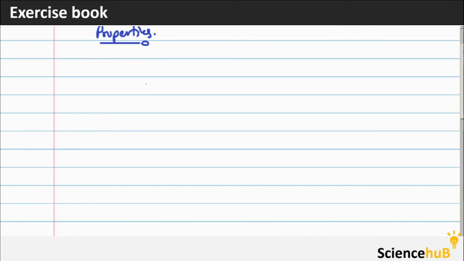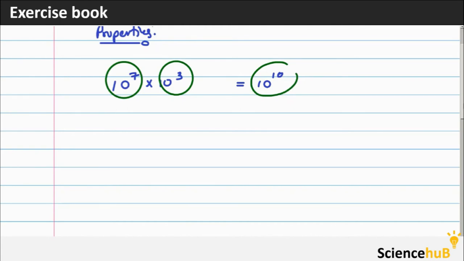So for that I will take a toy model: 10 to the power 7 into 10 to the power 3 is equal to 10 to the power 10. You all agree with this? So I will take the logarithm of each element, one by one.